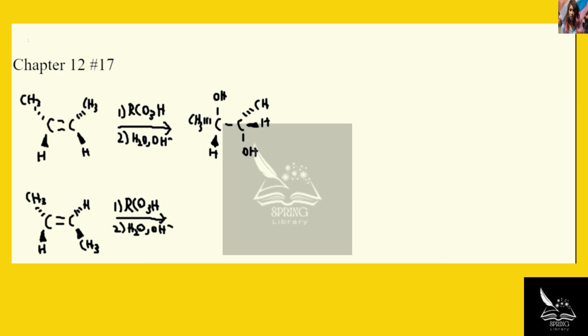So we're also going to get the enantiomer of this. Everything is going to be the same, except, as I said, this is going to be the other enantiomer. So this time, this hydroxide will be down, this hydroxide will be up. But again, the other parts of this molecule are going to be unchanged, so still wedged hydrogens and dashed methyl groups.